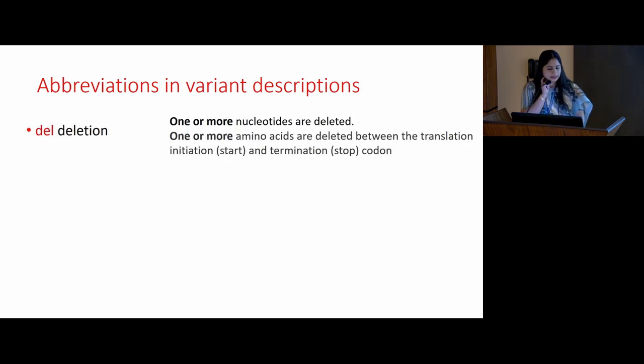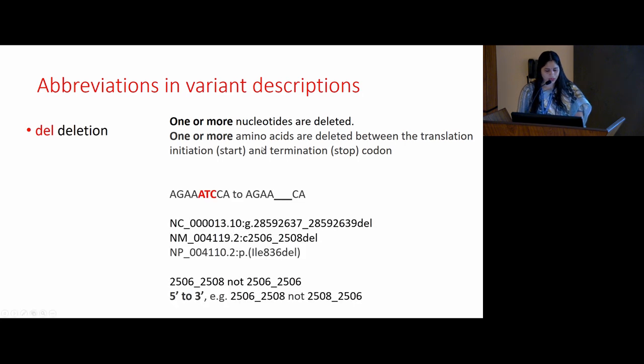Now del indicates deletion. One or more nucleotides are deleted or one or more amino acids are deleted between the start and end or stop codon that is there. So here, for example, in this sequence we have this ATC deletion, and that will lead to AGAACA formation. So this will be indicated by a range, from what position to what position the deletion is happening at the nucleotide level.